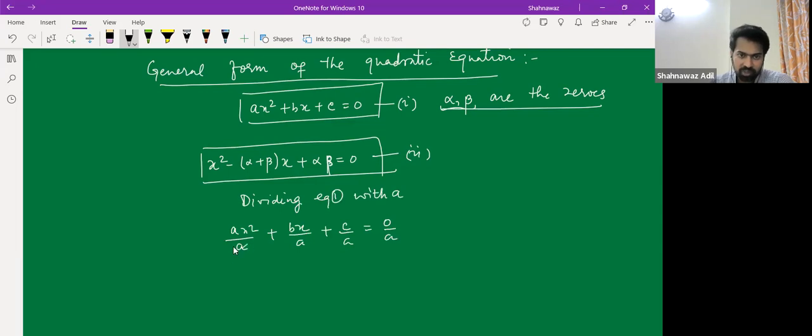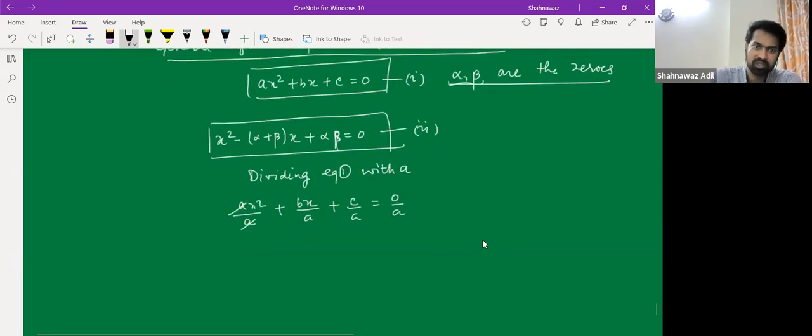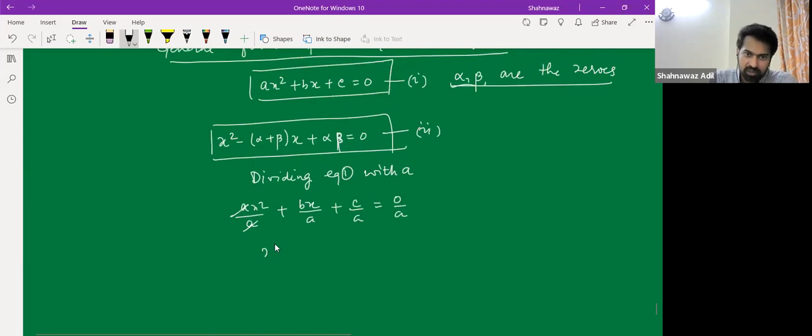This would give me 1, and this would become x square plus b by a x plus c by a, and 0 by a is how much?